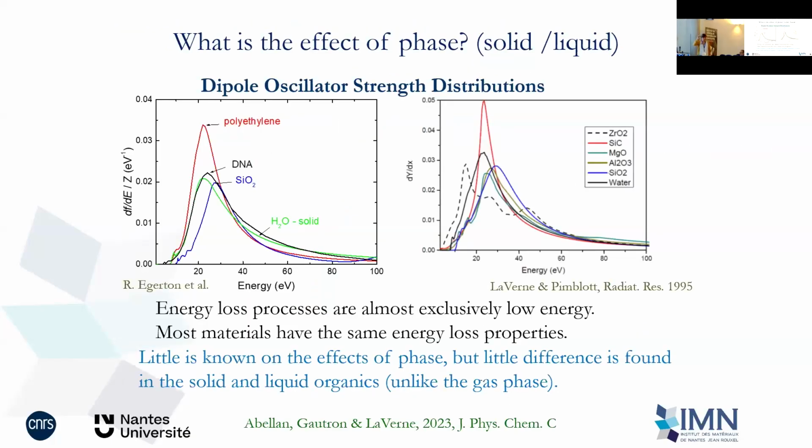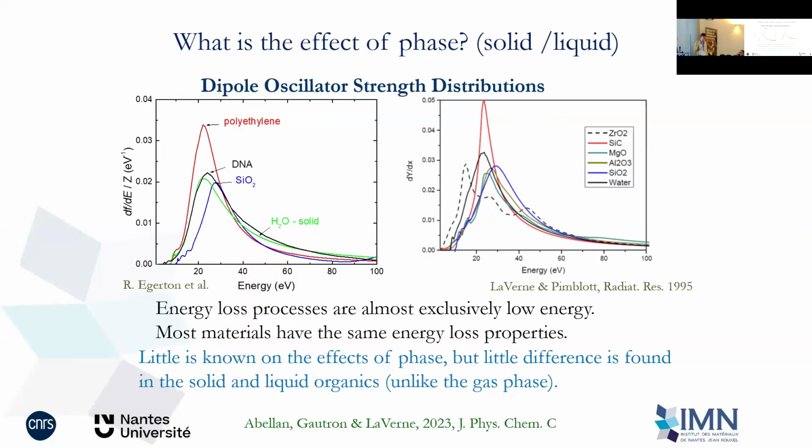understand. And then, okay, I'm going to do a parenthesis here of why I'm talking about solids when I want to study liquids. The reason is something that we were discussing in the paper: if you compare the low loss regime from different materials, it is really similar, and most processes occur in this energy range. They're exclusively low energy, and there is very little that is not.